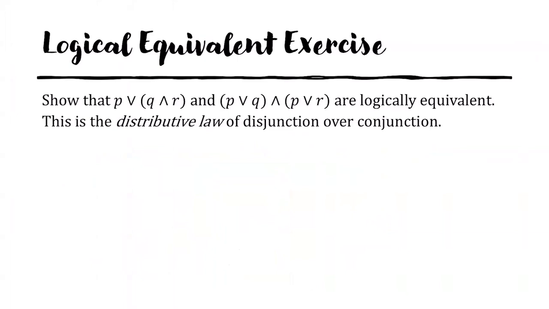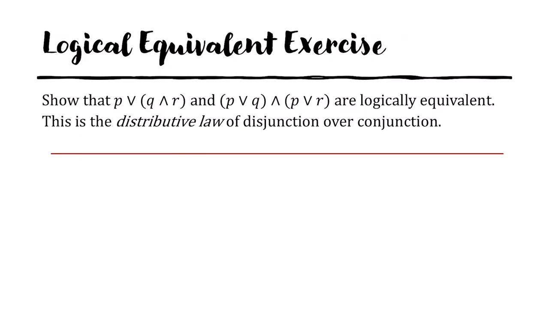And now if you look at this example, how many propositional variables do you see here? For this question, you want to show P or (Q and R), and (P or Q) and (P or R) are logically equivalent. So this is the distributive law of disjunction over conjunction.